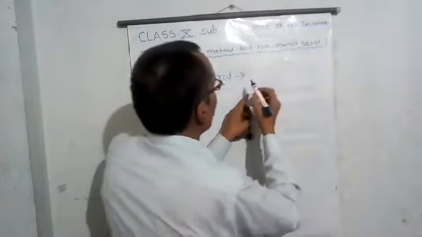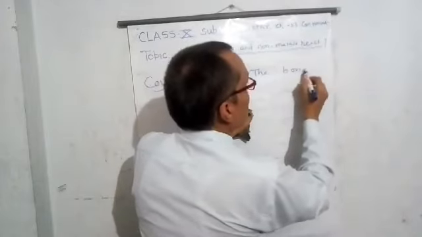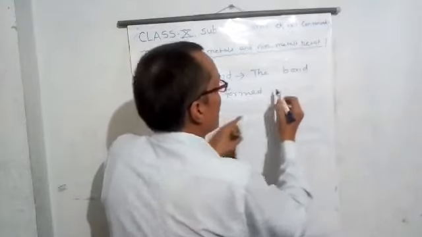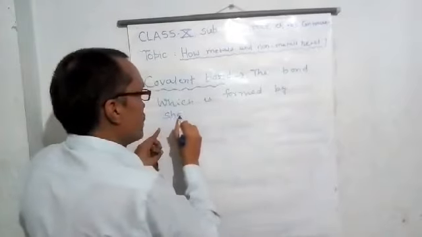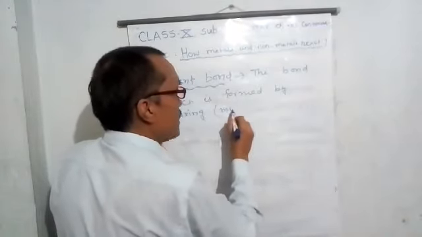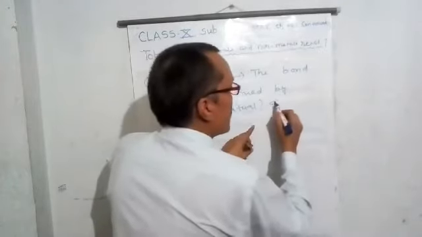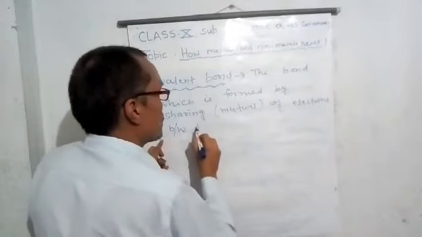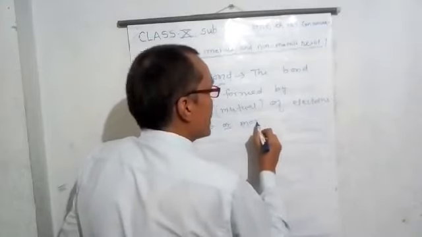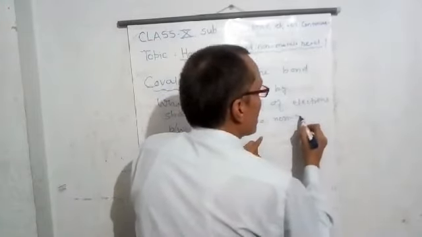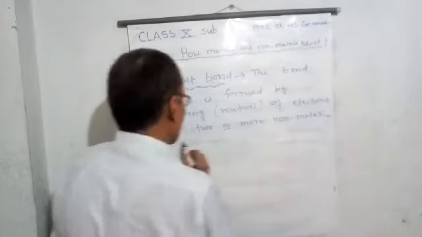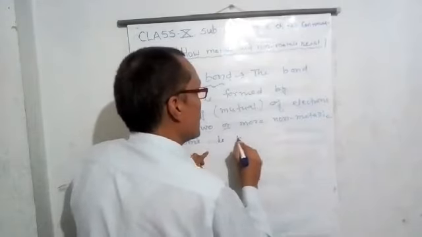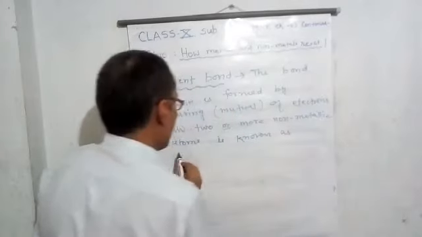So students, some important points about covalent bond. The bond which is formed by mutual sharing of electrons between two or more non-metallic atoms or elements is known as covalent bond.